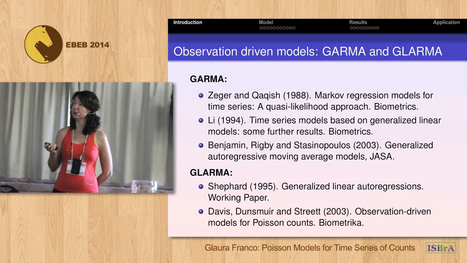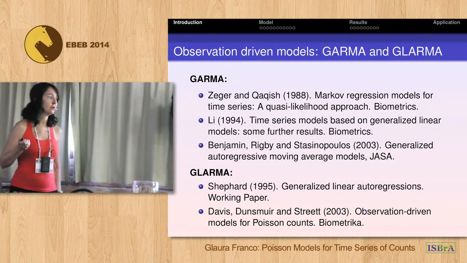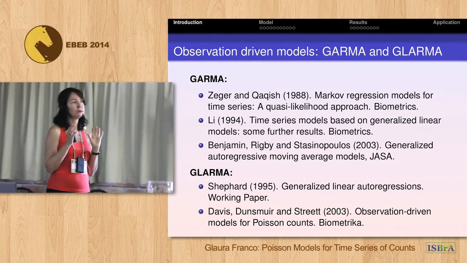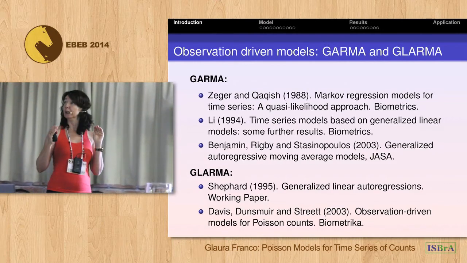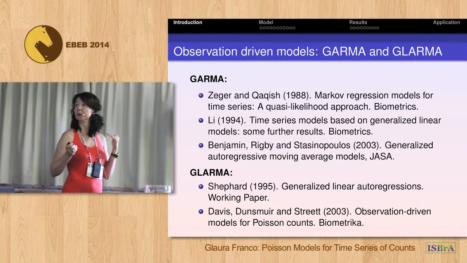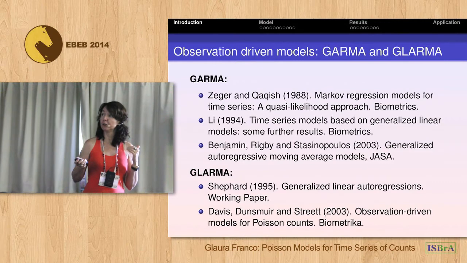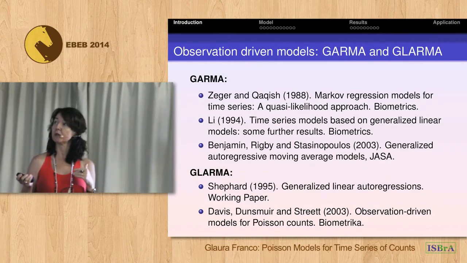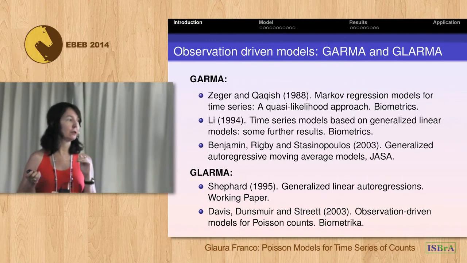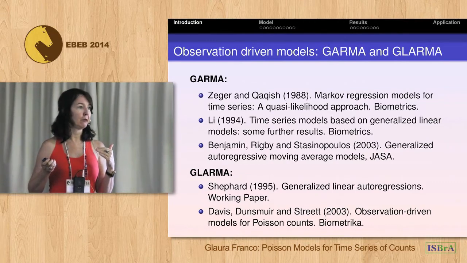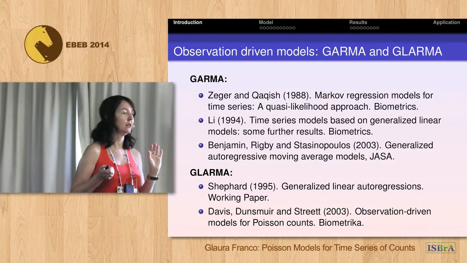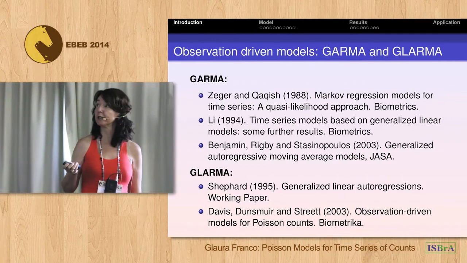They proposed this model using an autoregression component, so it's an autoregression structure added to the generalized linear model. In 1994, he generalized this work, putting a moving average component besides the autoregressive component. So it's like an ARMA model from Box and Jenkins.